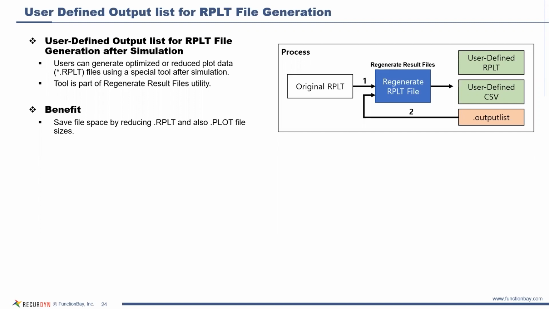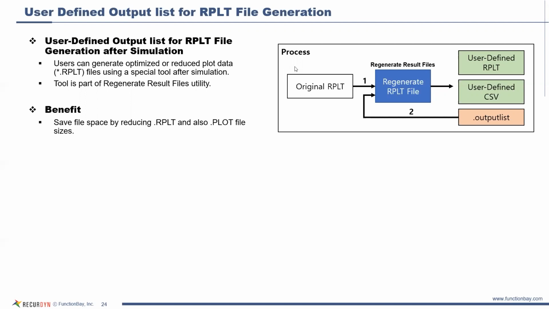And this is nice because sometimes for certain kinds of simulations, the RPLT files can become very large. And so the user can easily select a subset of the results they want to see and then free up the data storage for both the RPLT files and the plot files.